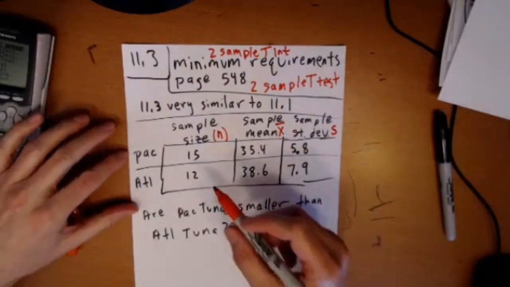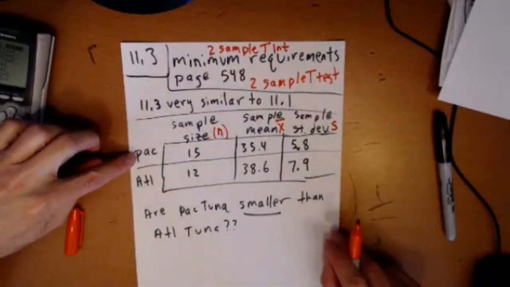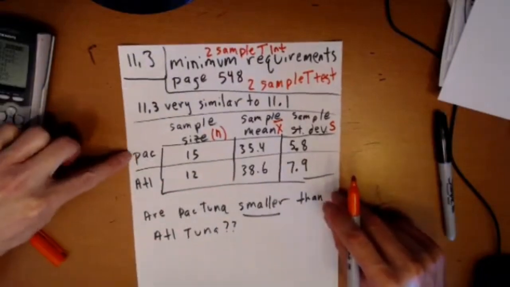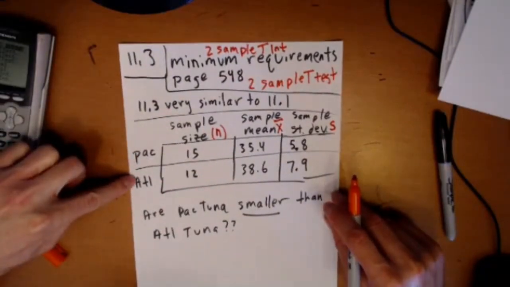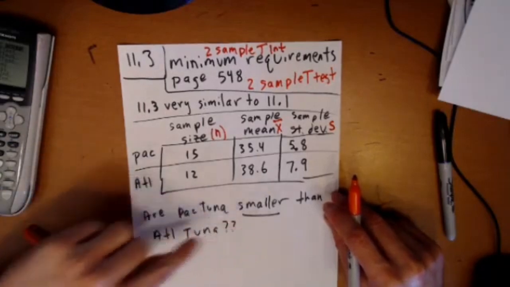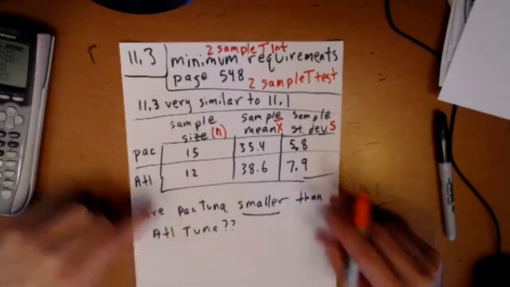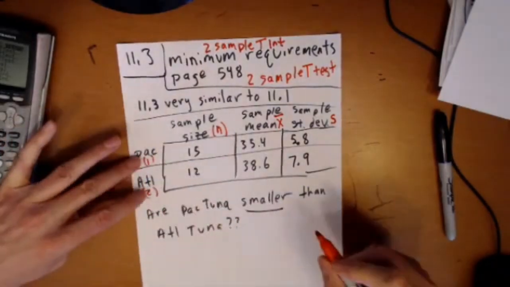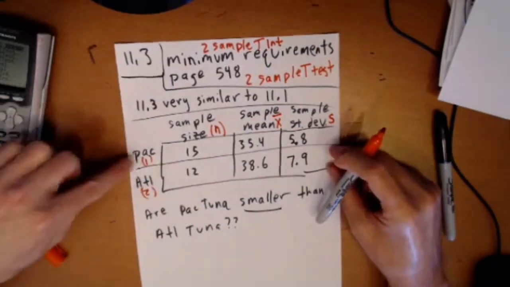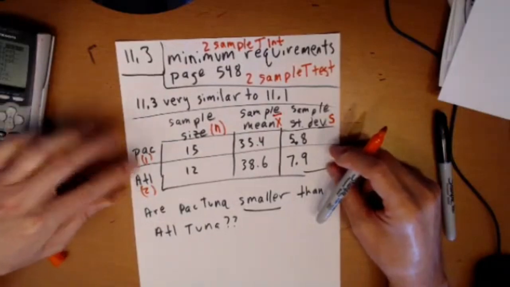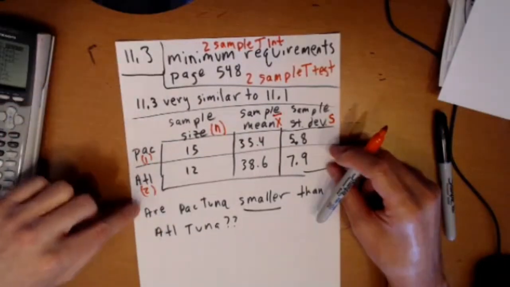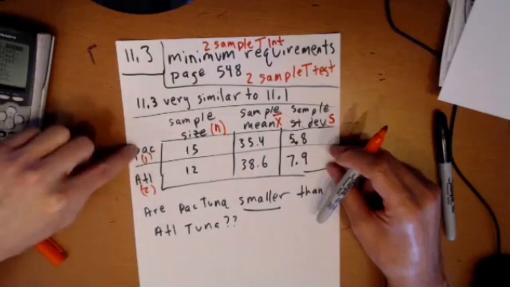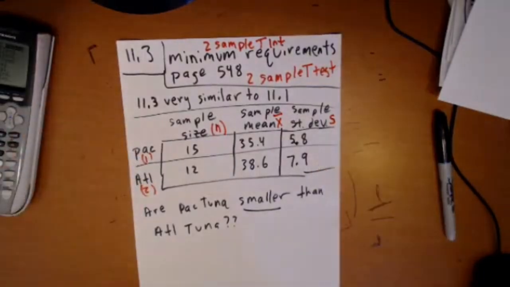If I'm setting up the problem, usually the first group is group 1, the second group is group 2. Are Pacific tuna smaller than Atlantic tuna? They talked about them in order, so this is group 1 and this is group 2. If I make the problem, the first thing is group 1, the second thing is group 2. But in the homework, just be careful. Sometimes they'll talk about the second group before the first, and you can label them either way.